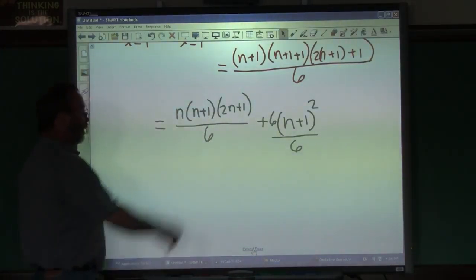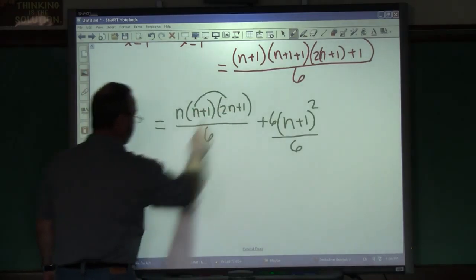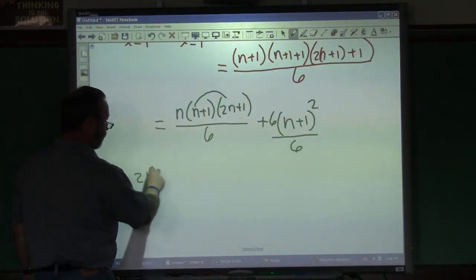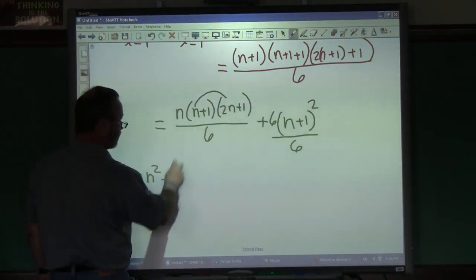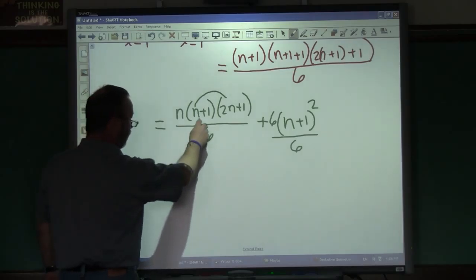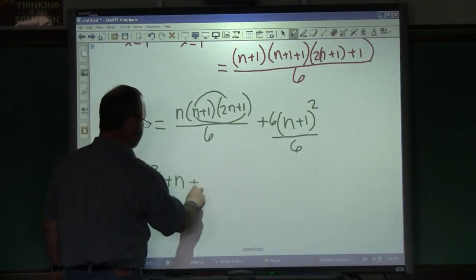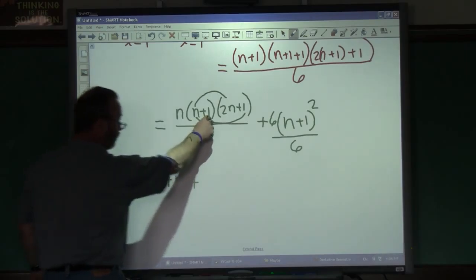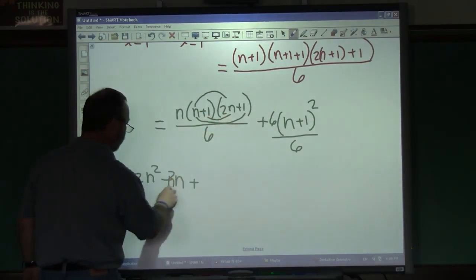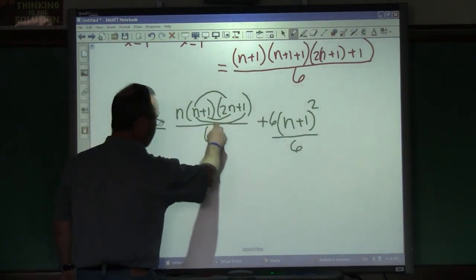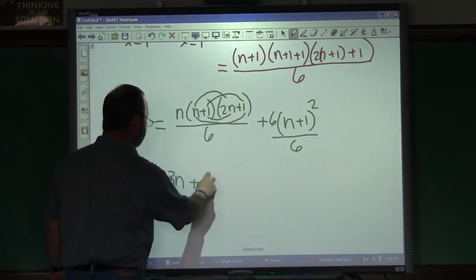So this green numerator, I have 2n squared plus n plus another 2n, so that gives me 3n plus 1.